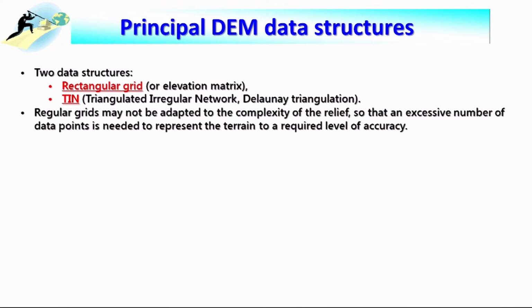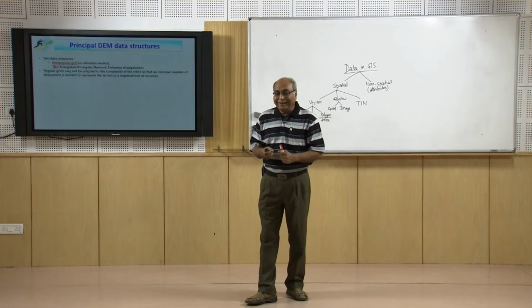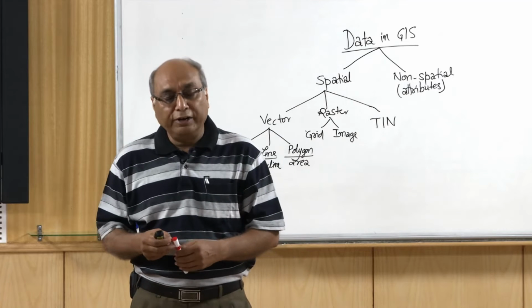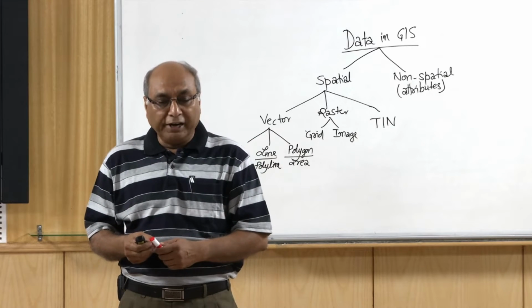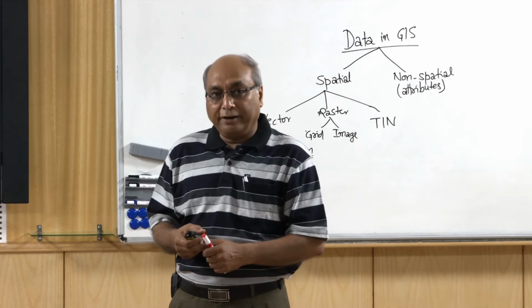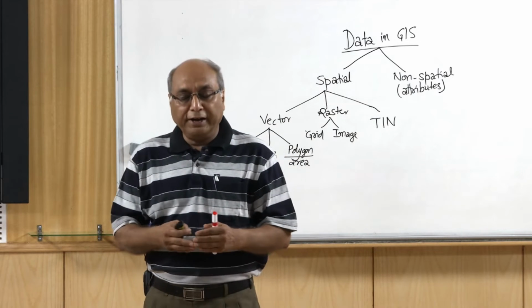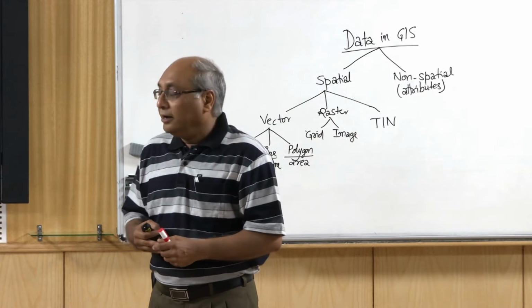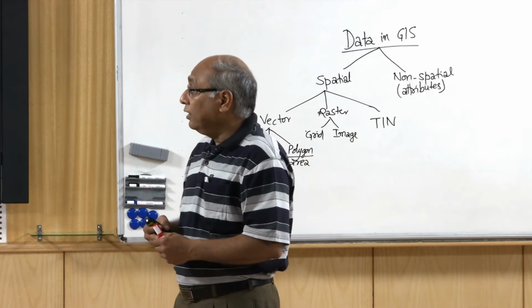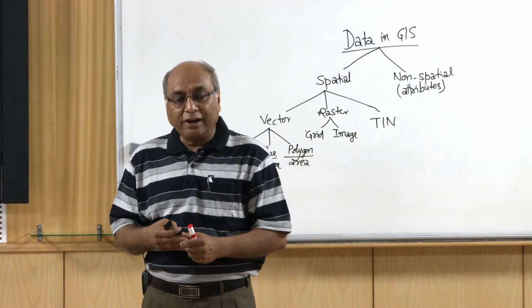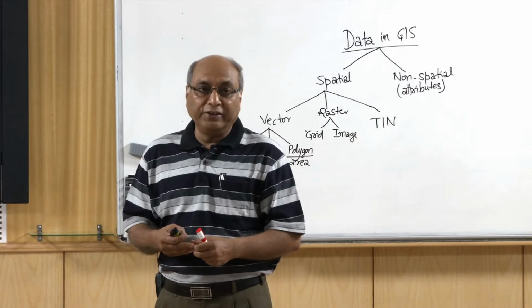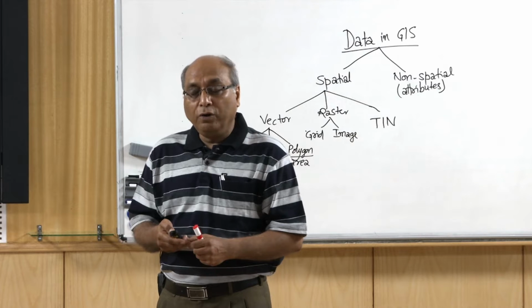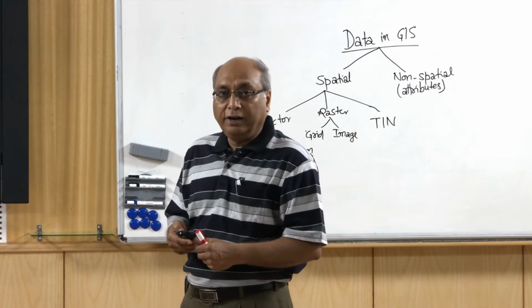Sometimes a natural terrain has a lot of undulation, for example the Himalayan terrain, which has very high ruggedness. There suddenly you will find a hill and then valleys, ridges and valleys, and because of that your regular rectangular grid, that means the raster, cannot represent the whole roughness of the terrain, and therefore a different kind of model is required.